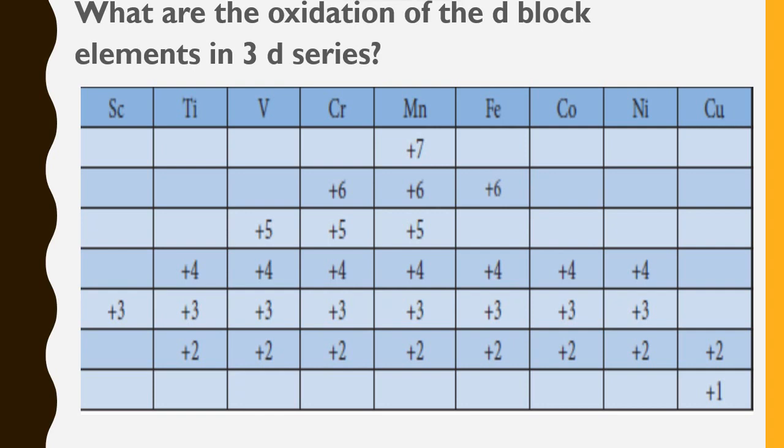For iron, plus 5 is not possible. Plus 2, plus 3, plus 4, plus 6 are possible. Cobalt: plus 2, plus 3, plus 4 are possible. Nickel: plus 2, plus 3, plus 4 possible. Copper: plus 1, plus 2. The copper lowest oxidation state plus 1 we can say cuprous. Highest oxidation state, cupric.